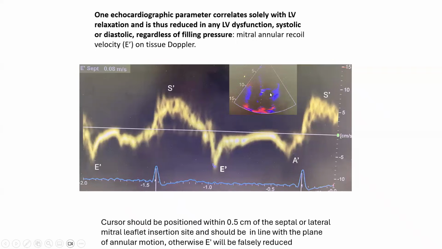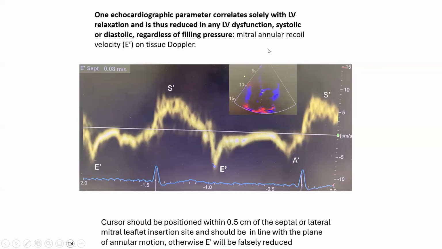So we do tissue Doppler and we measure medial E prime and lateral E prime. And there is a proper way of measuring those. In order to obtain a proper E prime, the pulse wave cursor should be placed within 5 millimeters of the septal or lateral leaflet insertion site at the ventricular side.